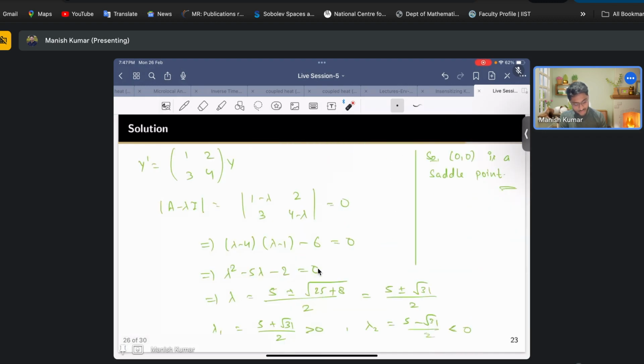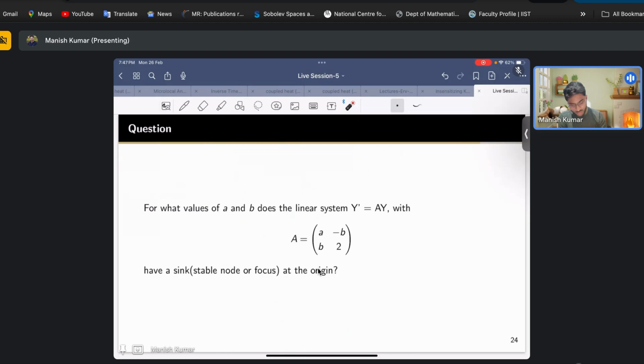Okay, now let us look at this problem. So here you have been given arbitrary values of a and b. Okay, and you have to say for what values of a and b it will be a sink. Okay, so sink means stable node or focus. Okay, so focus basically means center, or spiral.